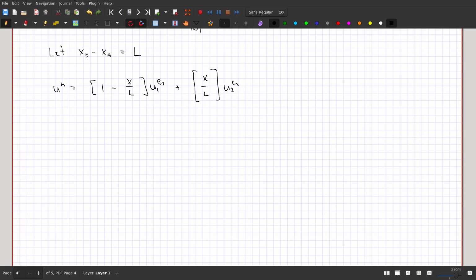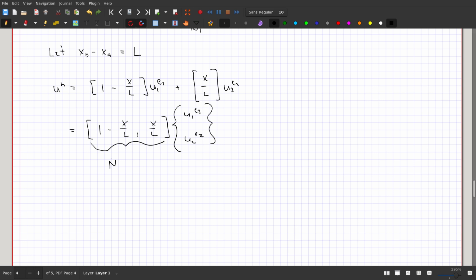Or everyone would be okay if I wrote this as a row vector, 1 minus x over L, comma, x over L, times the column vector u1 e2, u2 e2, right? This is the shape function vector.